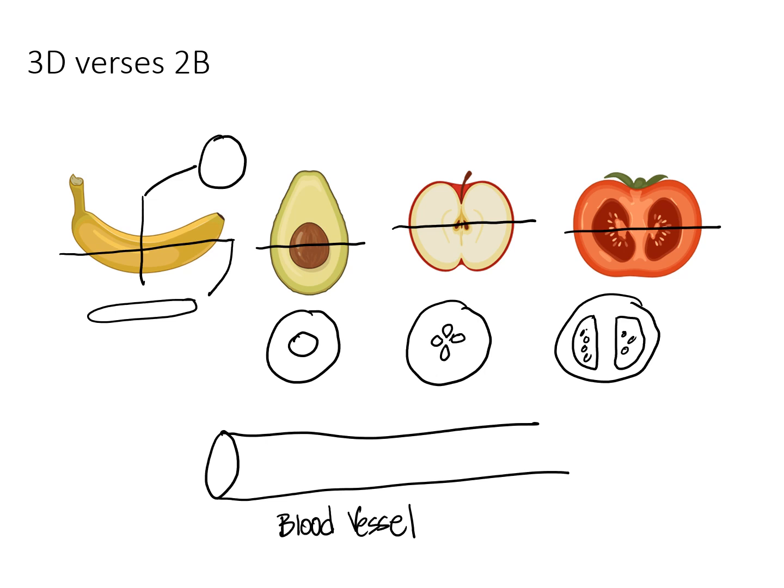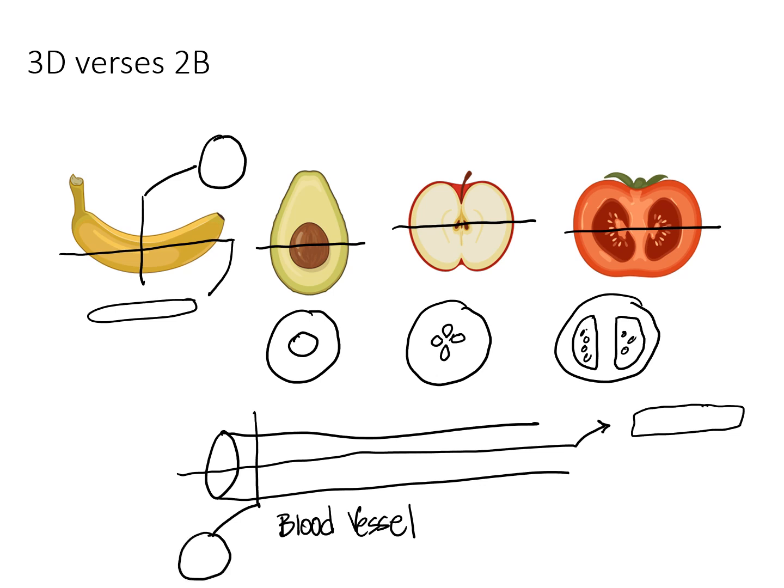If we cut the vessel long ways, it creates a completely different view than if we were to cut it sideways. So the planes or the sections in which it's cut make a difference in the shape of the picture that you see. We could also cut this obliquely or on an angle, and it would produce something more of an oval.